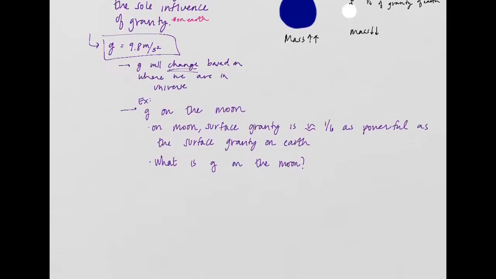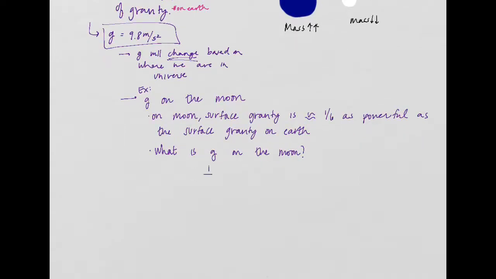Well, if I just told you 1/6, it's 1/6 the power or the strength of what we feel on Earth. So the acceleration is also 1/6 of the acceleration that we feel on Earth. That means that acceleration due to gravity on the moon is going to be 1/6 the acceleration due to gravity on Earth, which means that g on the moon is 1.6 meters per second squared. Right?